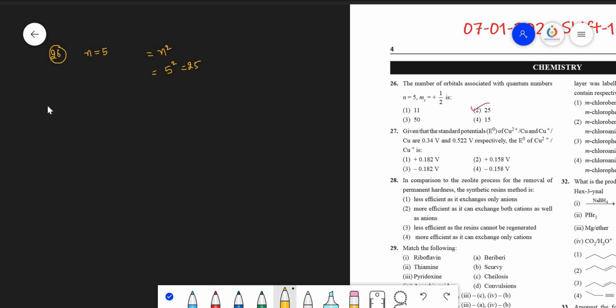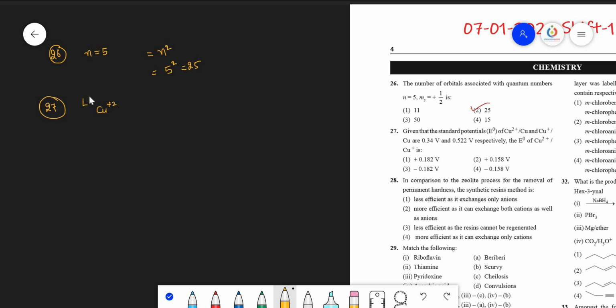Let us see question number 27. Given that the standard potentials E0 of Cu plus 2 by Cu and Cu plus by Cu are 0.34 volts and 0.522 volts respectively, the E0 of Cu plus 2 by Cu plus is. So here I will write down the given information.